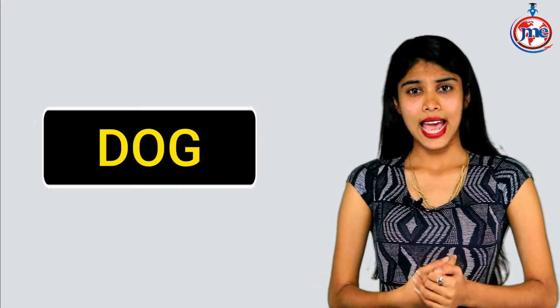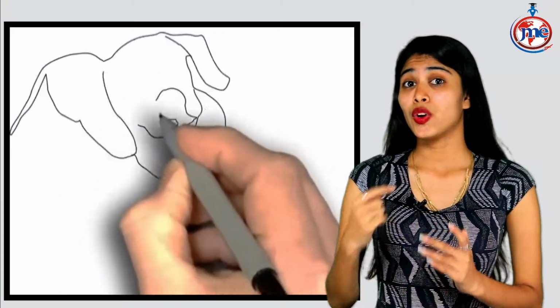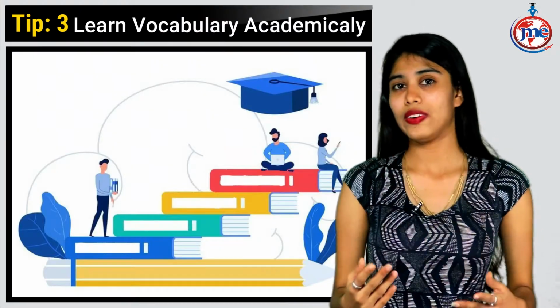Simply, let's say you are learning the word dog. Then draw the face of a dog and write dog over it, so you can easily remember it.